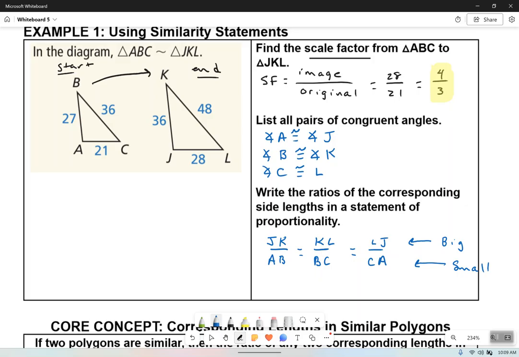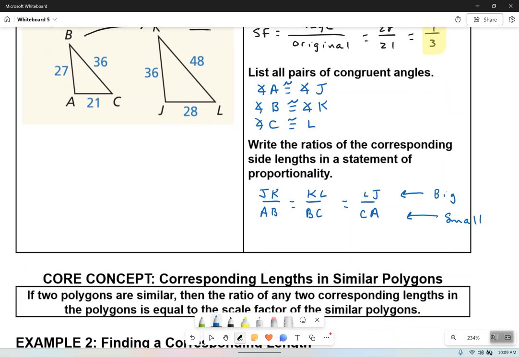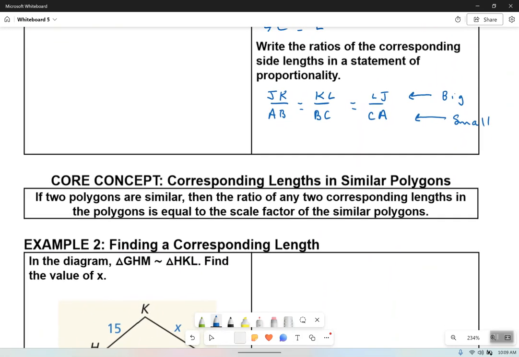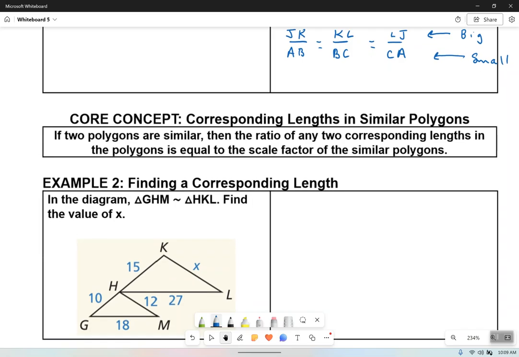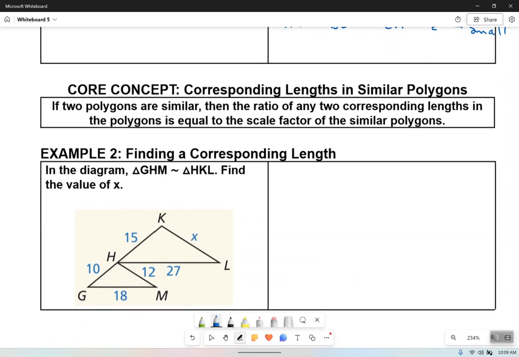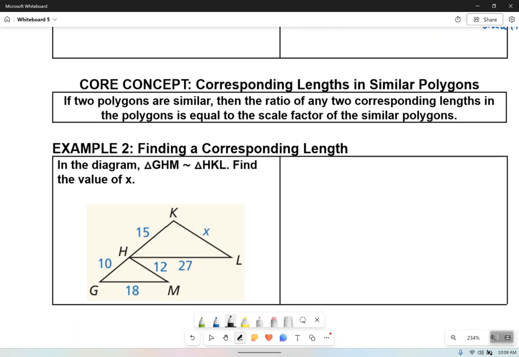All right, so let's look at one more core concept here again. You might want to read that core concept about corresponding lengths in similar polygons. All right, perfect. Okay. So what this is really saying, guys, is this. It's kind of like saying the following. It says in this diagram for corresponding length, it says these two triangles are, what's this symbol mean right here again?